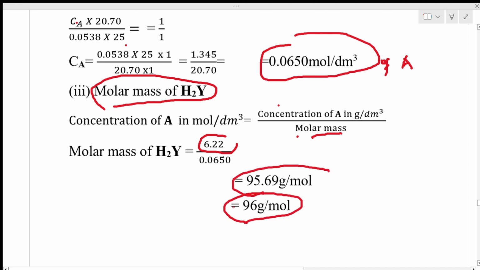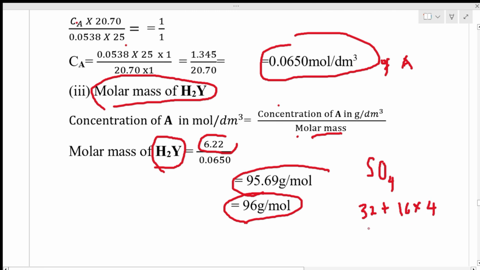Now let's look at something. If we assume Y is SO4, the molar mass of S is 32, plus oxygen, which is 16 times how many oxygen? You can see 4 oxygen here.